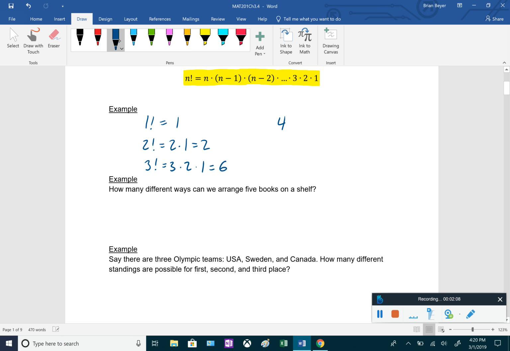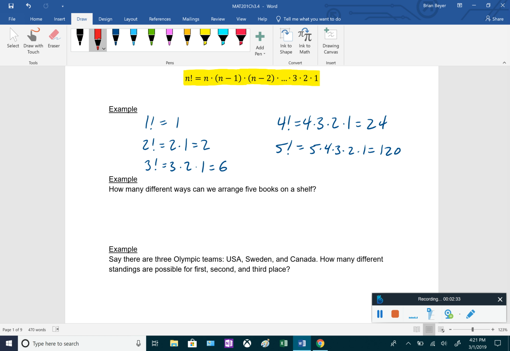And do a couple more. 4 factorial is 4 times 3 times 2 times 1, which is 24. 5 factorial is 5 times 4 times 3 times 2 times 1. This is going to be 120. And we'll stop there. Hopefully you get an idea of what's going on with factorials now.